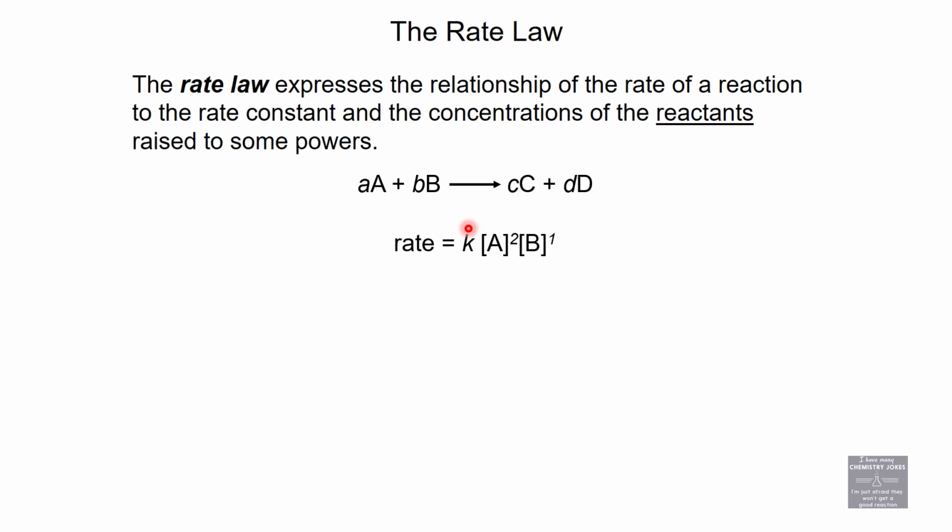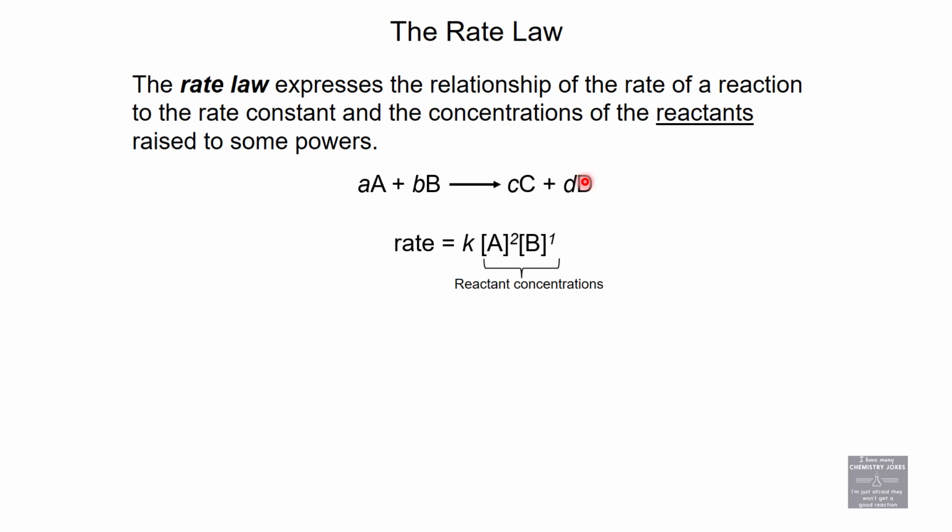Rate is equal to k times the concentration of A, because it's a reactant, raised to the second power, times the concentration of B, because it's a reactant, raised to the first power. C and D are not ever found in rate laws. Product concentrations are not part of rates, period. These are reactants and reactants only.